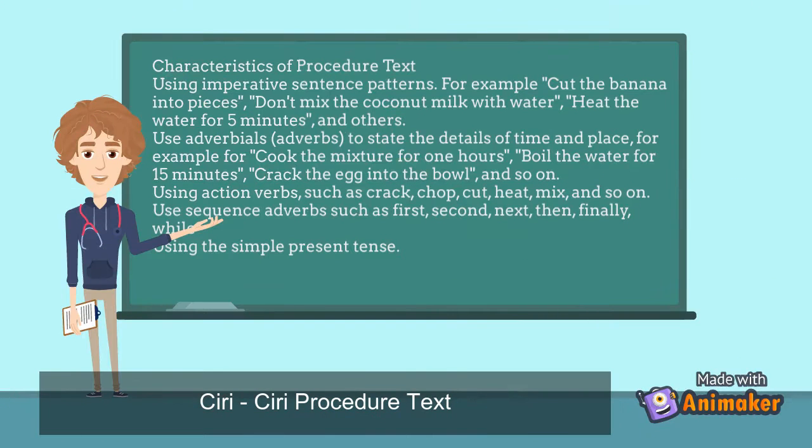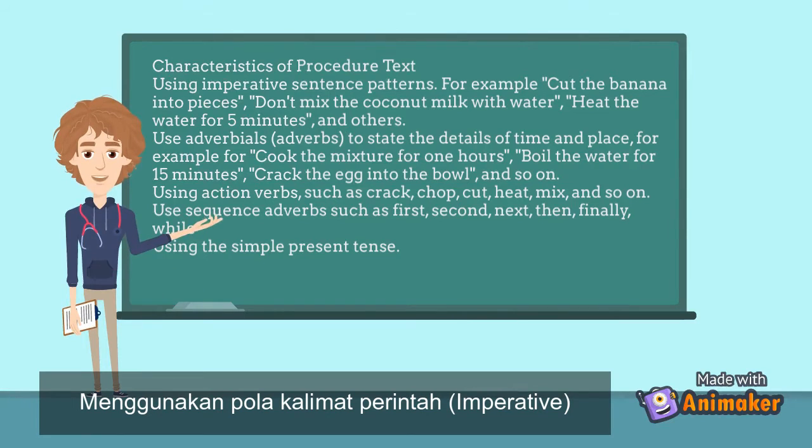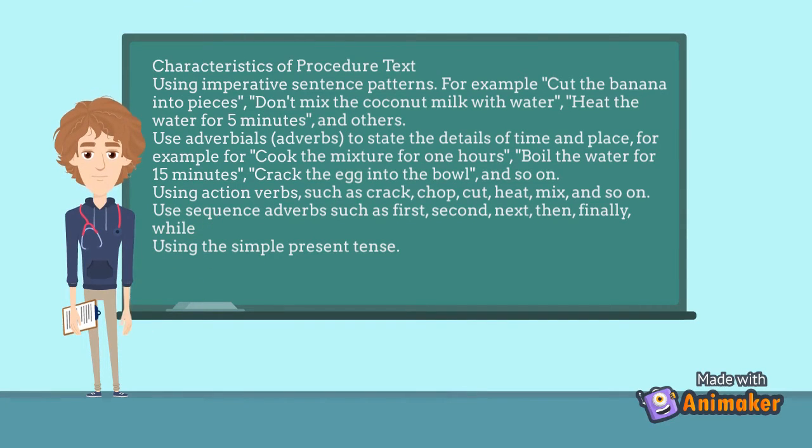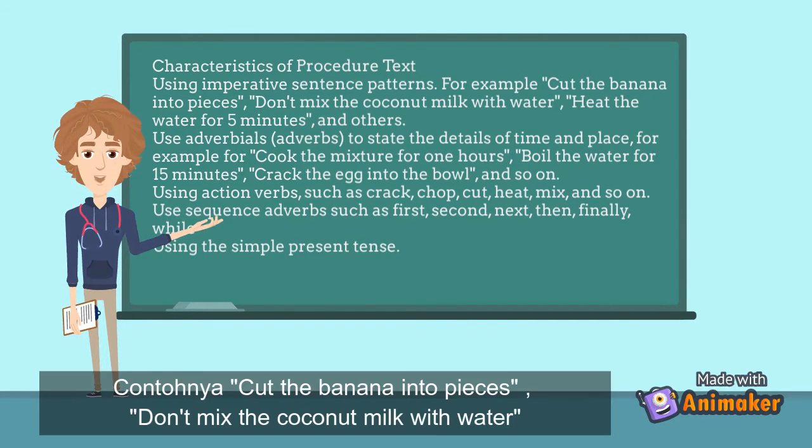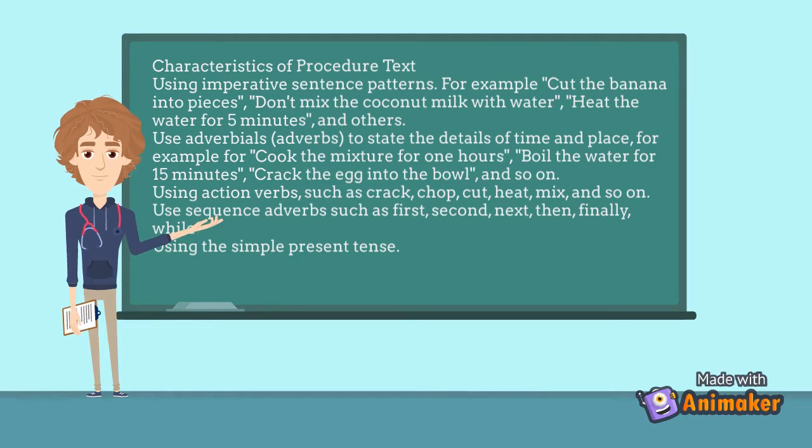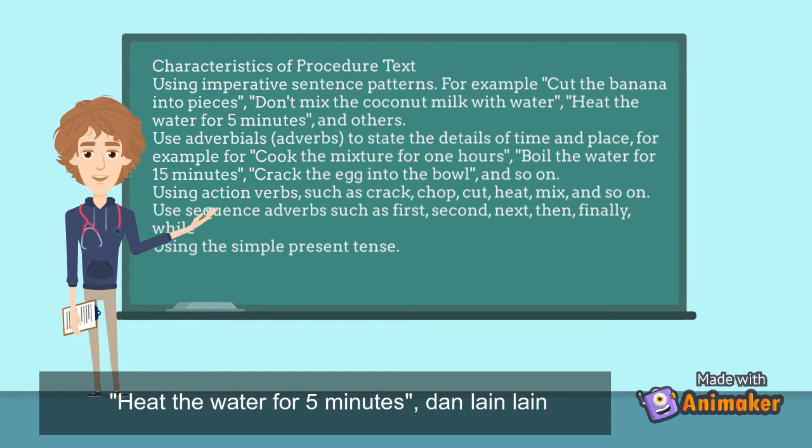Characteristics of procedure text. Using imperative sentence patterns. For example, cut the banana into pieces. Don't mix the coconut milk with water. Heat the water for 5 minutes. And others.